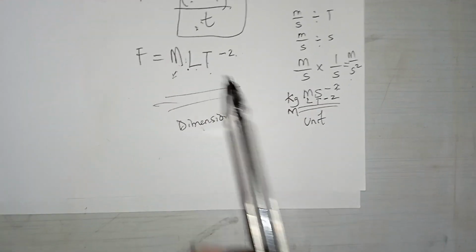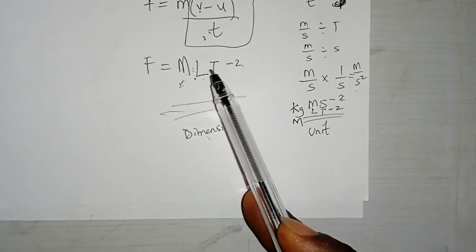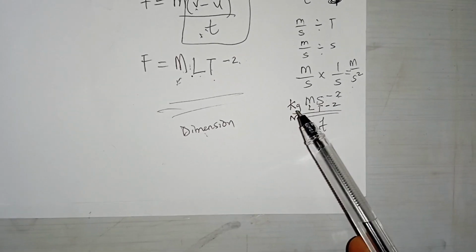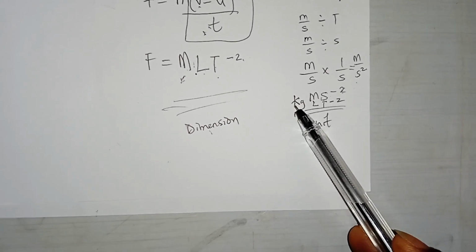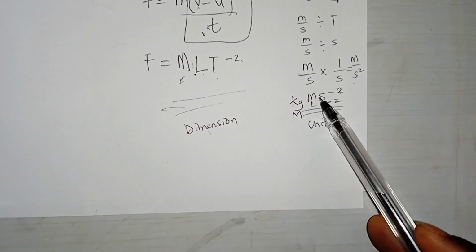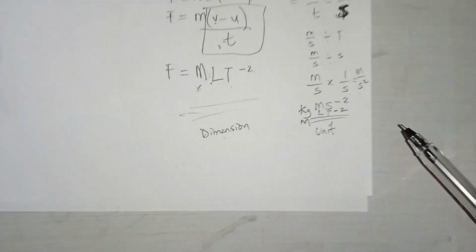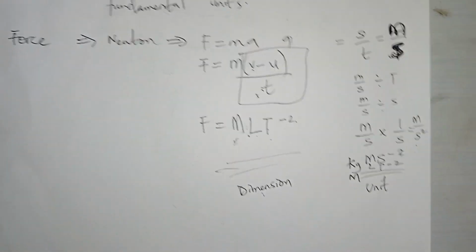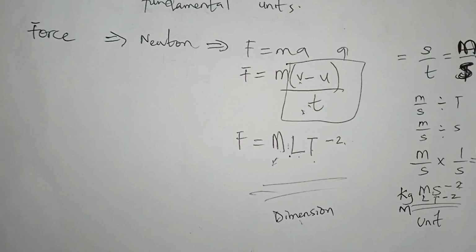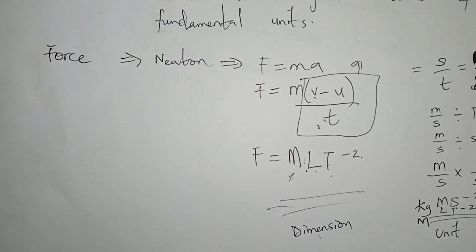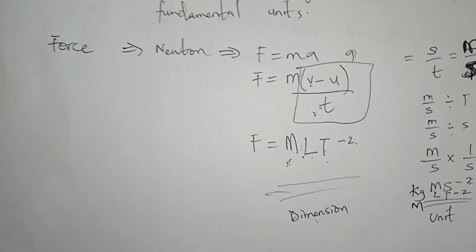You do dimension using mass, length, time, while the unit is simply those fundamental units, which include kilogram, meter, seconds. So now that you know this, let's take another example of a derived quantity.